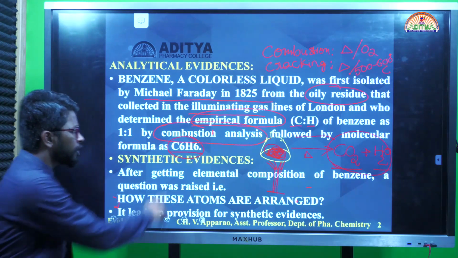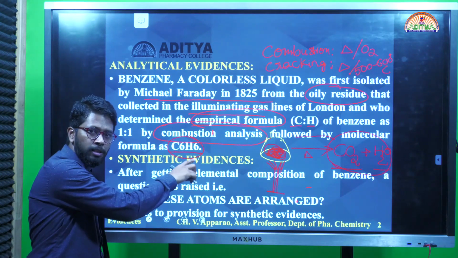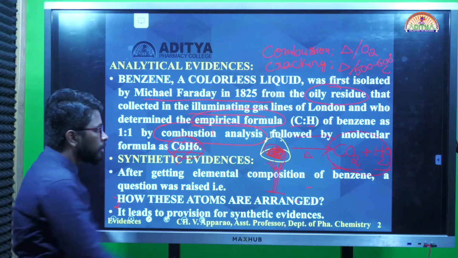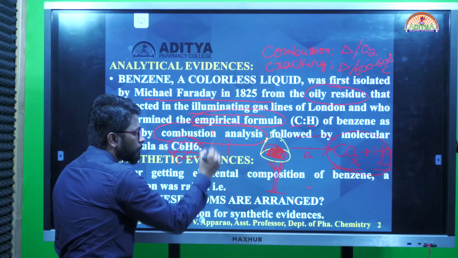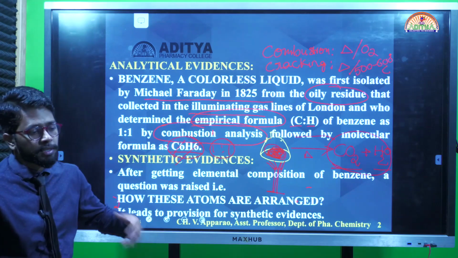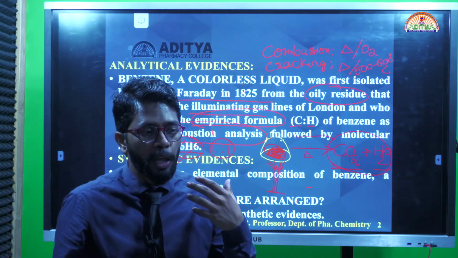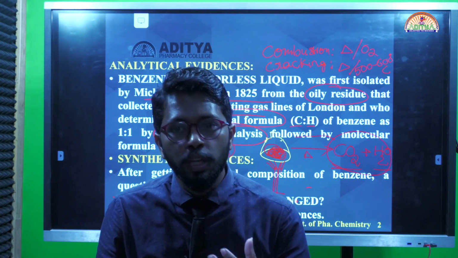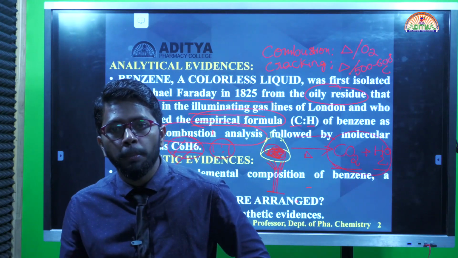Total 6 carbons, total 6 hydrogens, both cancelled by 6, giving a 1:1 ratio. That is the analytical evidence, which gives proof for the molecular formula of benzene.